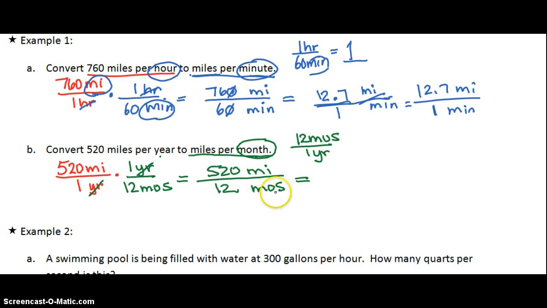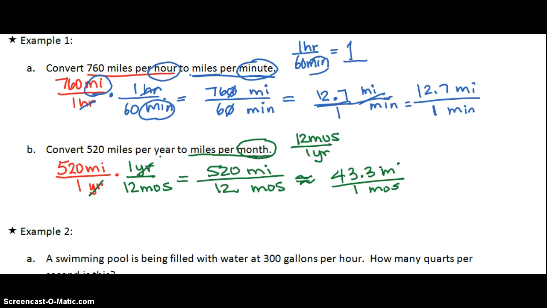So once I have my measurements taken care of, the math, you're welcome to use your calculator. 43.3 repeating, we'll just leave it at approximately 43.3 miles per 1 month. You could put an S for months, but it's really just 1 month, singular.